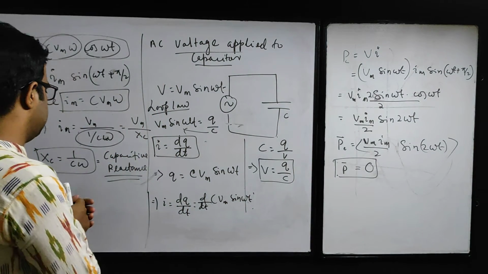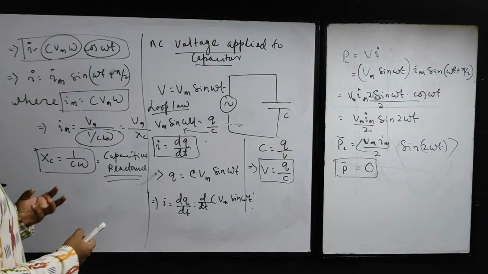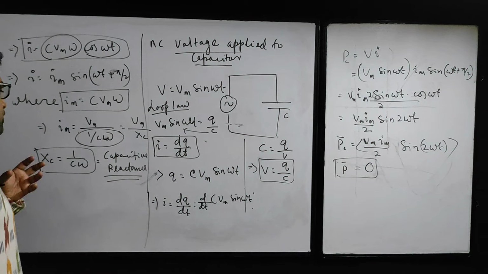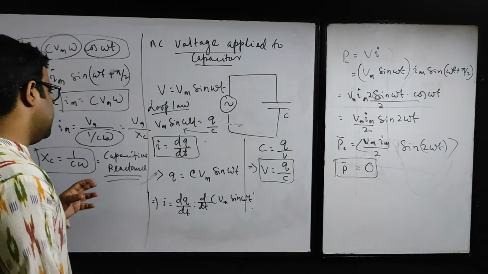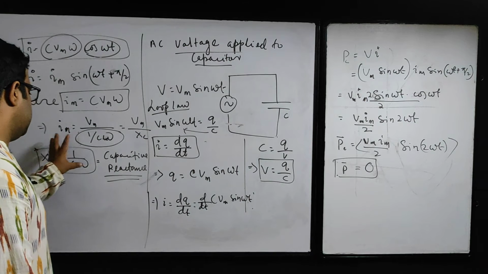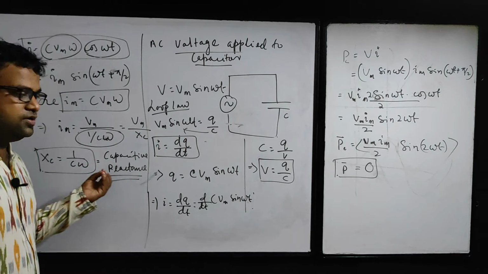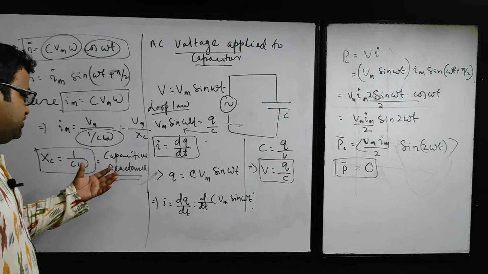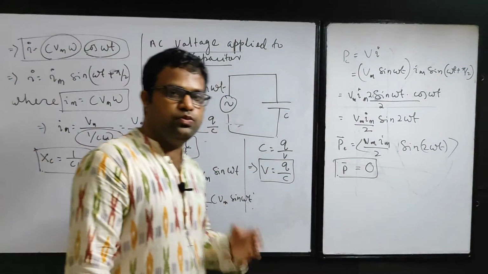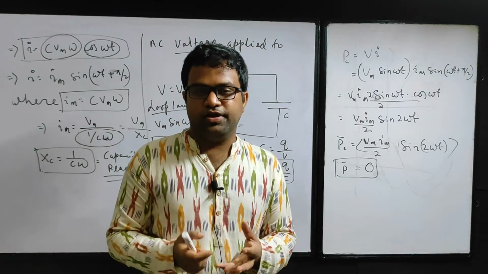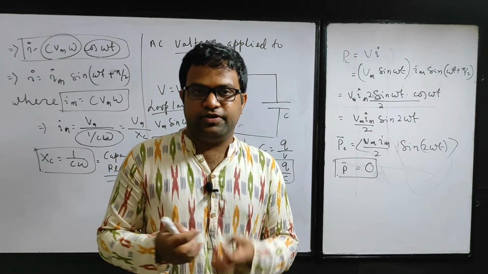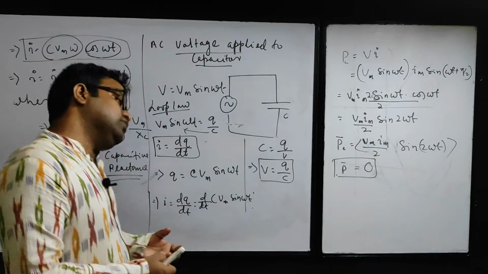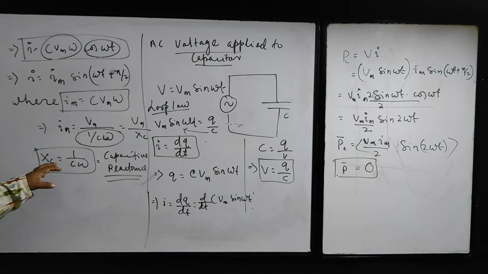Also, 1 upon C omega, that is your Xc, is a new quantity we have introduced, called capacitive reactance.